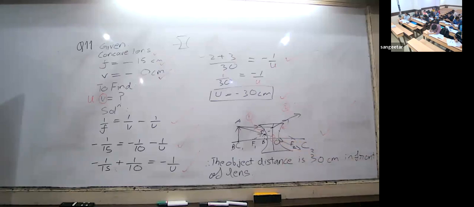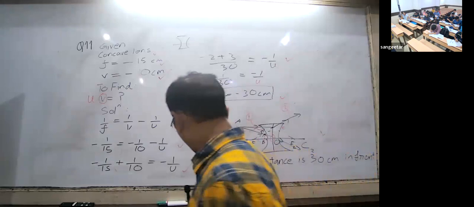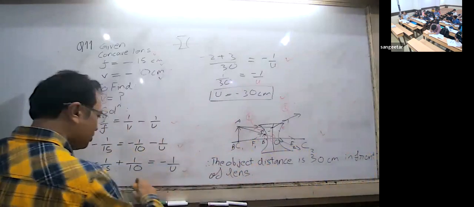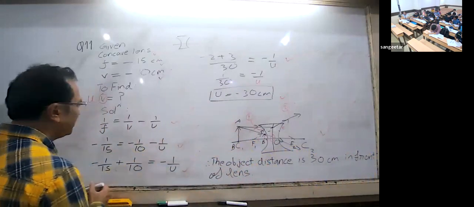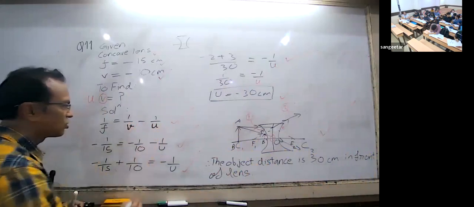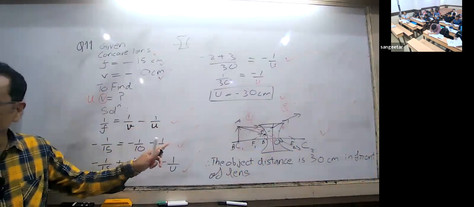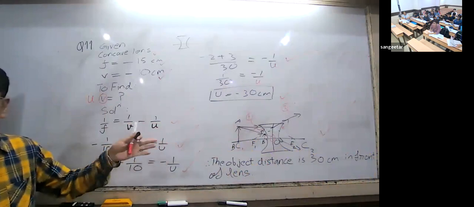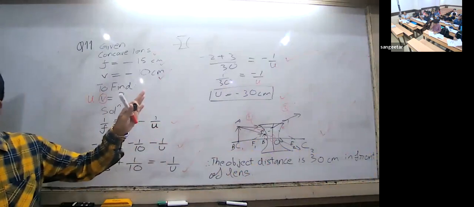What else? Chalo. Shall we go to the next question? Everybody has written it. This is V. This is V. So you should write V like this, and you should write U like this, small letter. Everywhere you should write V and U like this. Otherwise, you'll get confused, like he got.